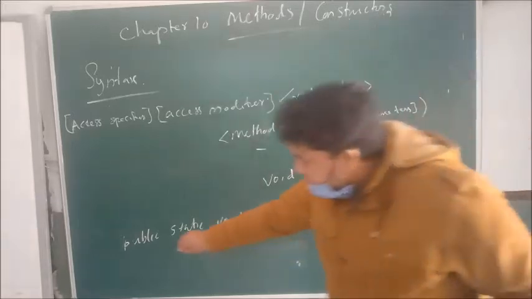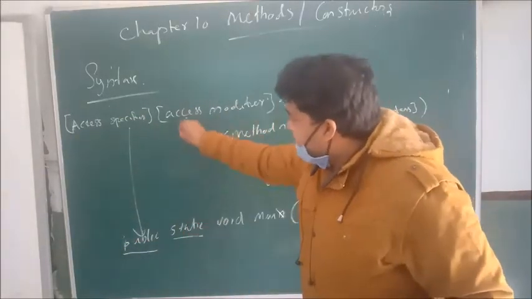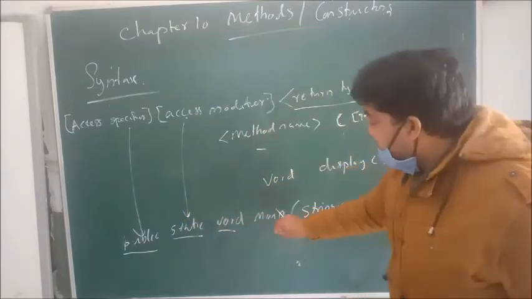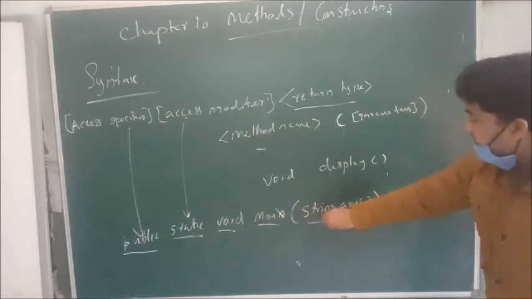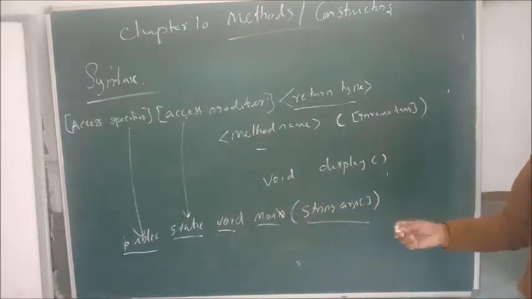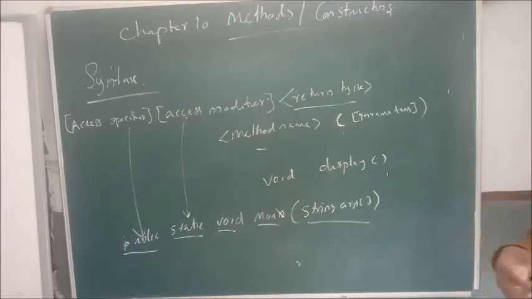So actually this public is the access specifier, this static is the access modifier, void is the return type, this is the method name, and this is the parameter. Because when I tell you about methods, it's not a new concept. You are already implementing it. Yes. Right? That is what I want to tell you.